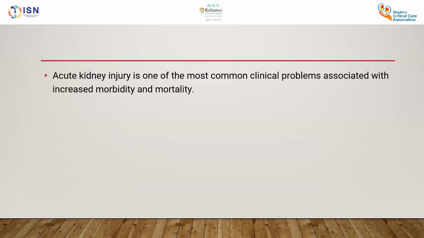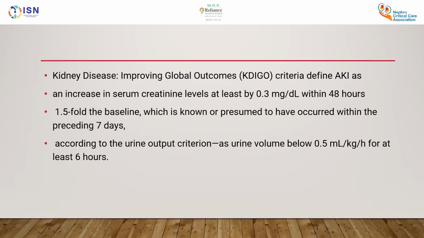As we know, acute kidney injury is one of the most common clinical problems associated with increase in morbidity and mortality in ICU. Almost 20 to 50% of cases will have AKI. And the definition, we have discussed in the last 2-3 classes as per KDIGO, that is an increase in creatinine by at least 0.3 within 48 hours or 1.5 times baseline, which is known or presumed to have occurred within the last 7 days, and urine output less than 0.5 ml per kg per hour for at least 6 hours.